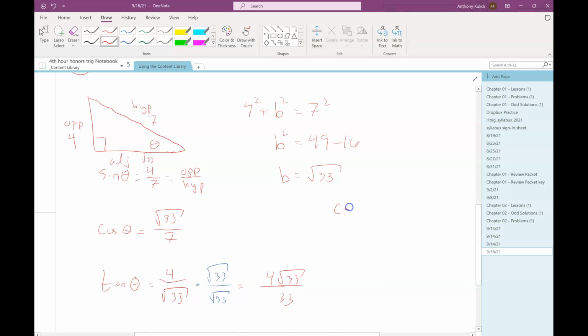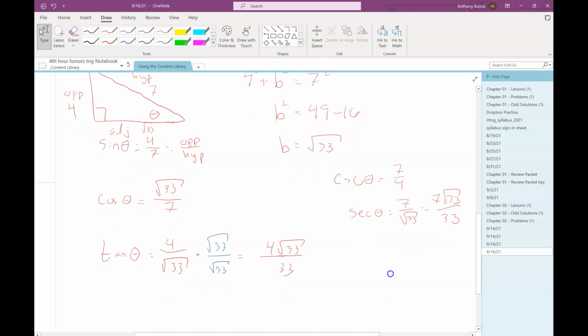Then cosecant is hypotenuse over opposite, the reciprocal of sine, so 7/4. Secant is hypotenuse over adjacent, the reciprocal of cosine, but we have to rationalize that denominator. And cotangent is adjacent over opposite, or the reciprocal of tangent.